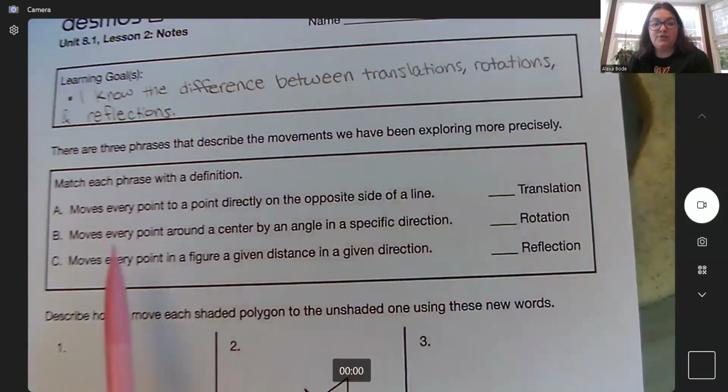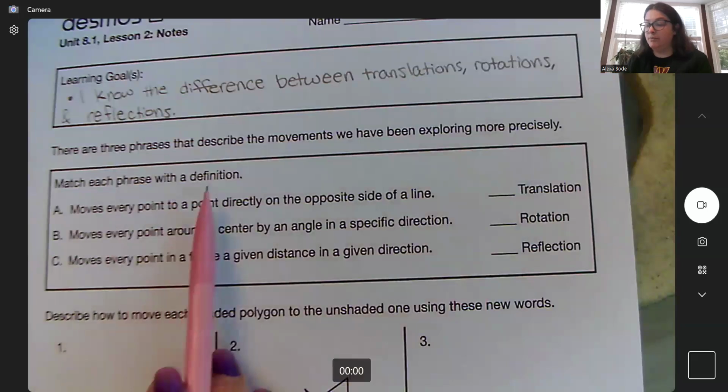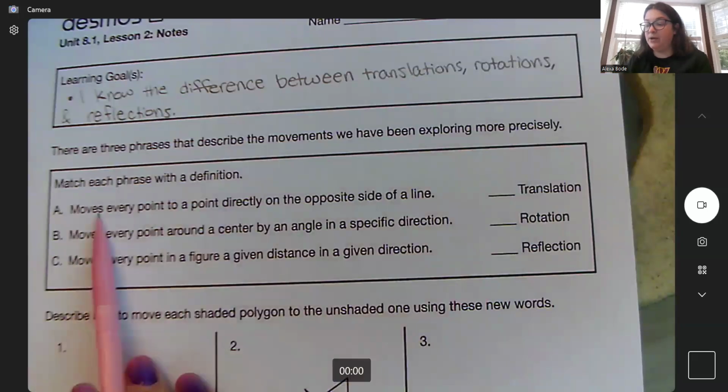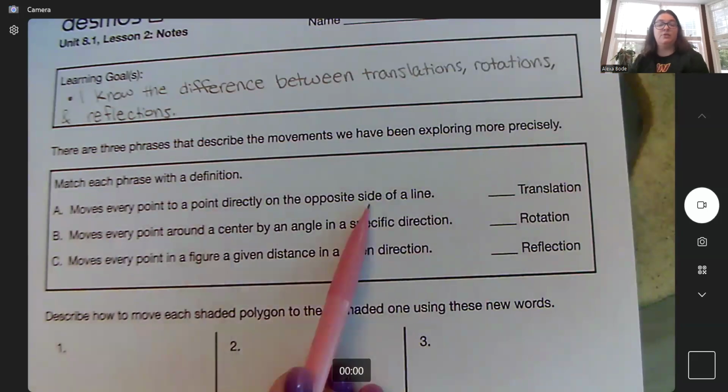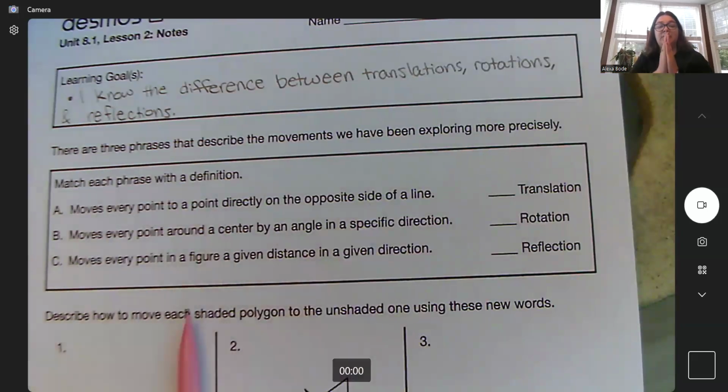It says match each phrase with the definition. So, moves every point to a point directly on the opposite side of a line. If you think about what we were talking about yesterday or on Monday in class, we talked about in the video there was a line and it moves to the other side of it. That would be like a flip.